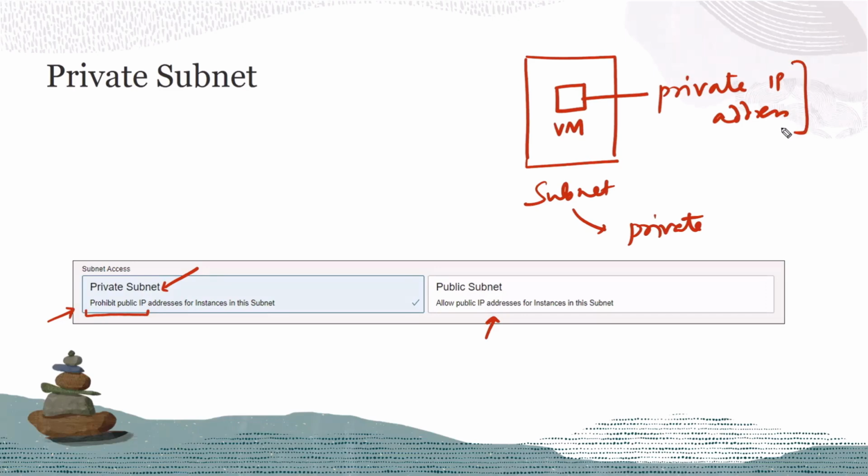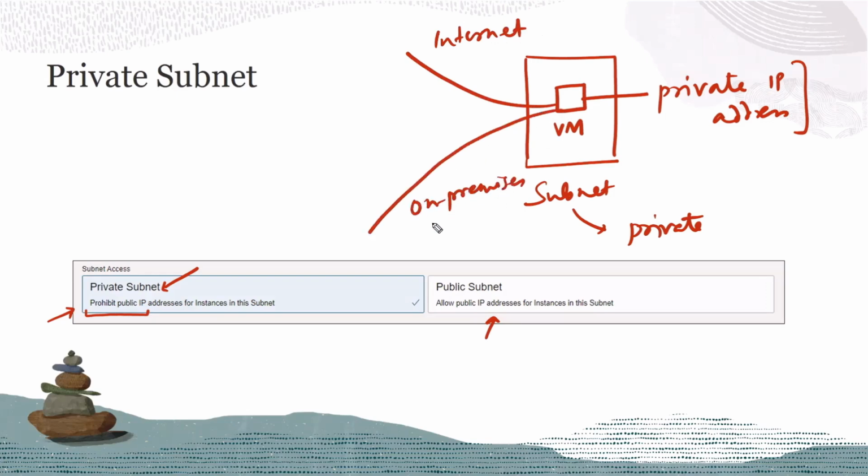Now, the next question that should come to your mind is, what if this VM wants to interact with the internet, or maybe with the on-premises environment? So what are the solutions that we have for this particular use case?